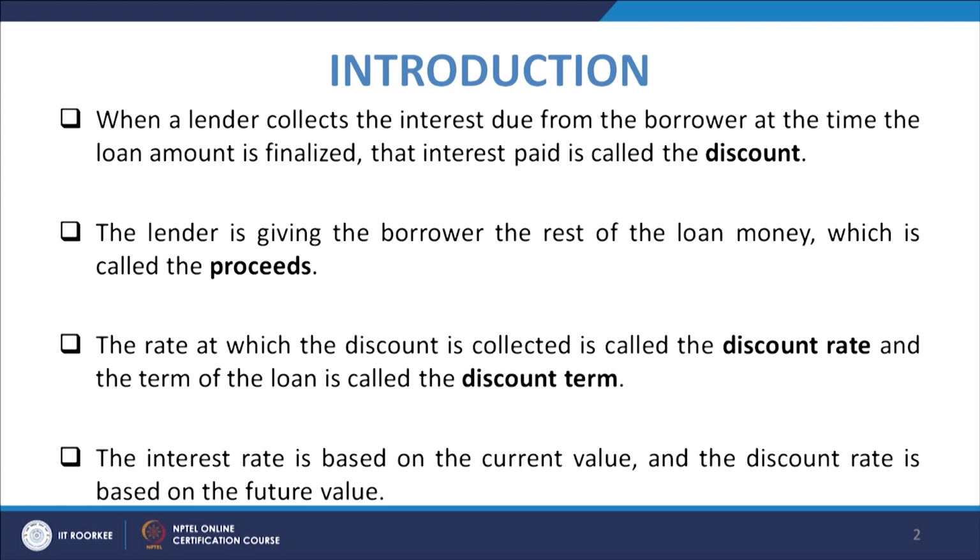And what we find is that the interest rate is basically based on the current value, whereas the discount rate is basically based on the future value. So, that is how these terms have their significance.